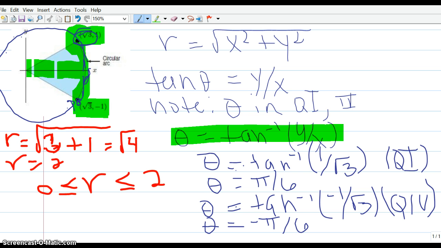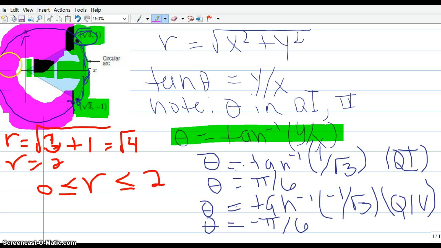So when we write our inequality, if I say everything between pi over 6 and 11 pi over 6, I am now looking at this part in purple. That would be my rotation from pi over 6 to 11 pi over 6. That's not the area that I want to shade. I want to shade here the area that we have in green that goes in between pi over 6 and negative pi over 6 to make sure that I get the correct slice of pizza, so to speak.